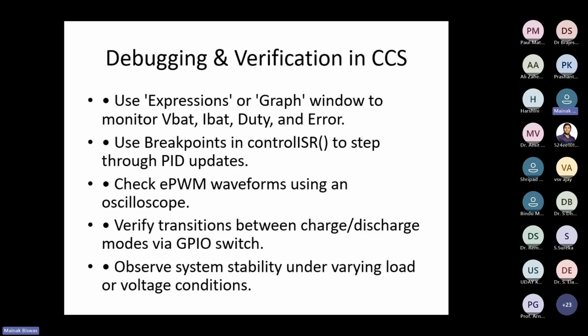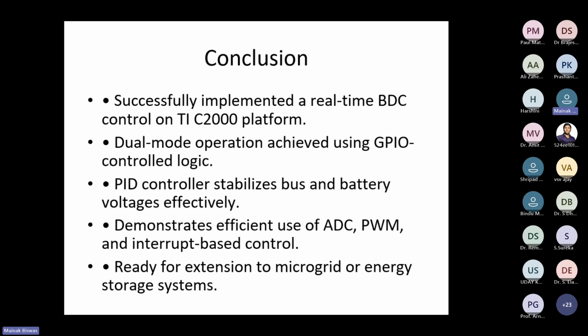Then we verify the transition between charge and discharge mode via the GPIO switch. GPIO is nothing but general purpose input and output. We also observe the system stability under varying load or voltage conditions.